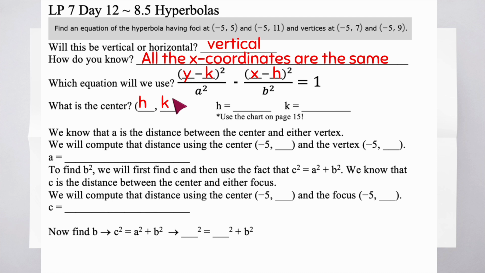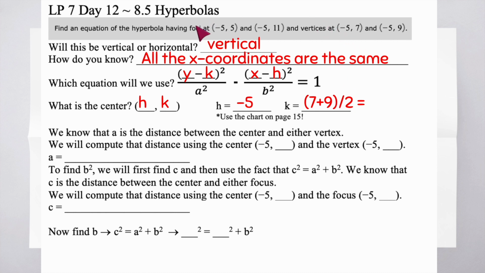It's (h, k), right? Now we need to use the foci and the vertices to find our center, because it's right in between the vertices, or right in between the foci, either way. I know h equals -5 because it's going right along the same line up and down. But for k, I'm going to have to do the midpoint of either the vertices or the foci.